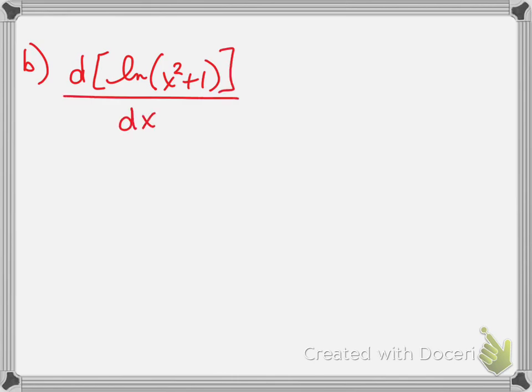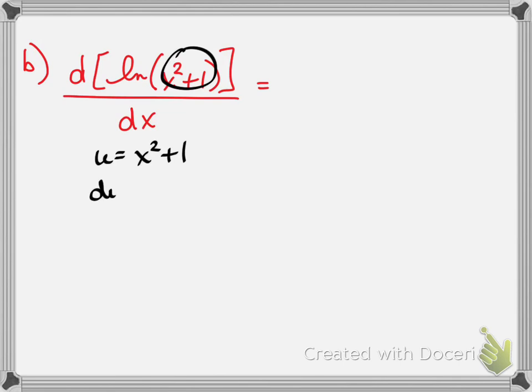B part. What if we have the derivative of the natural log of x squared plus 1 with respect to x? That is all u. U is x squared plus 1.